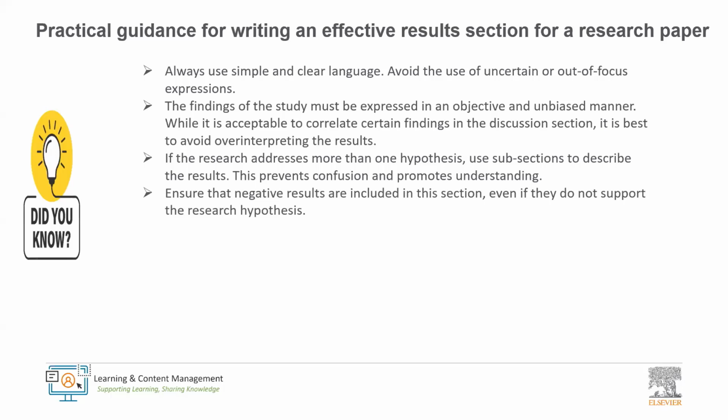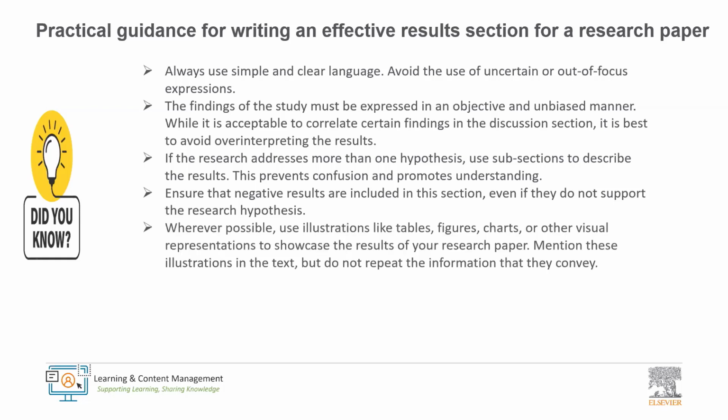Ensure that negative results are included in this section, even if they don't support the research hypothesis. And wherever it's possible, use illustrations like tables, figures, charts, or other visual representations to showcase the results of your research paper. Mention these illustrations in the text, but do not repeat the information that they convey.